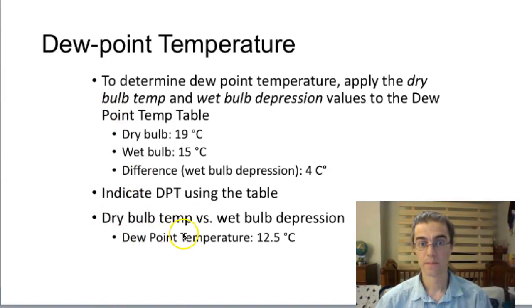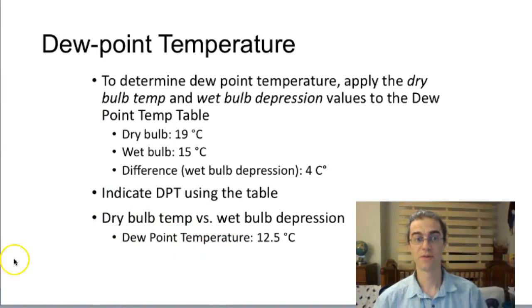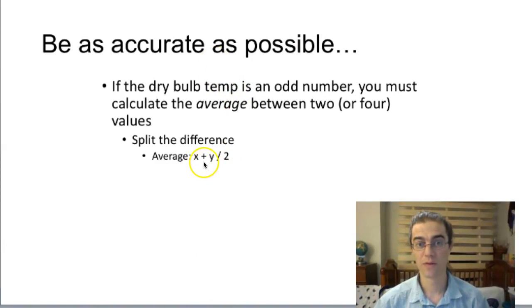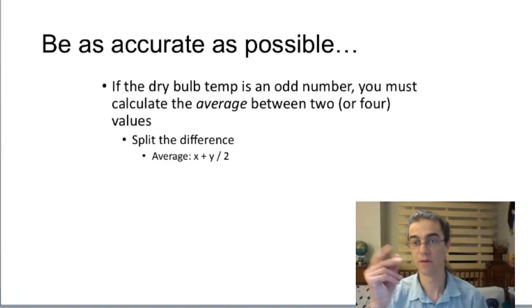And yep, I said it a little bit too early there for you, but again, being as accurate as possible, right? Averaged out the 11 and the 14, divide by 2, or you can use whichever other little shortcut that you have there for getting the accurate value.